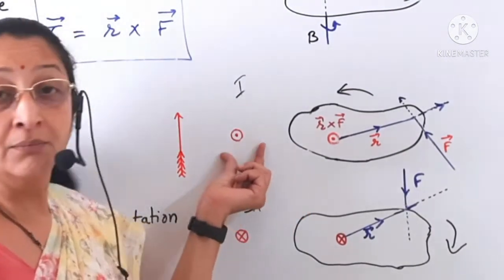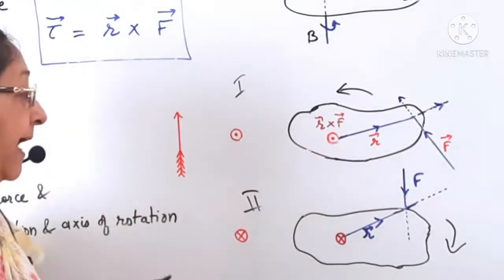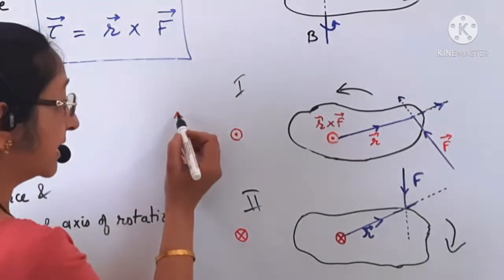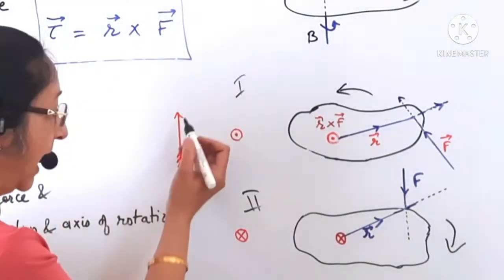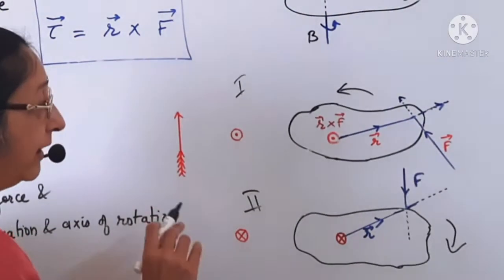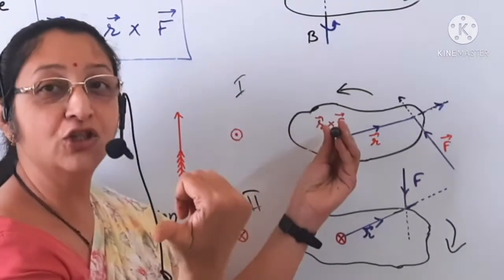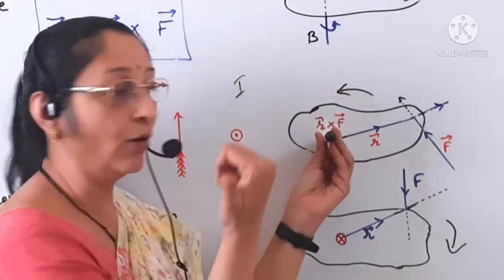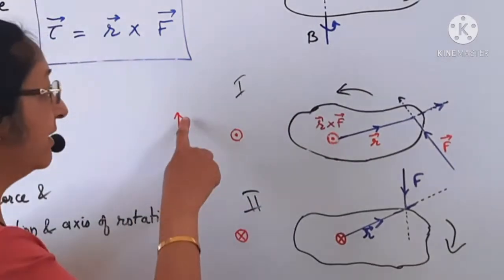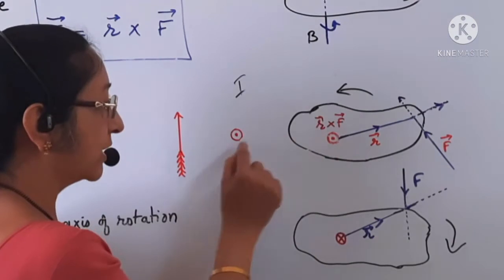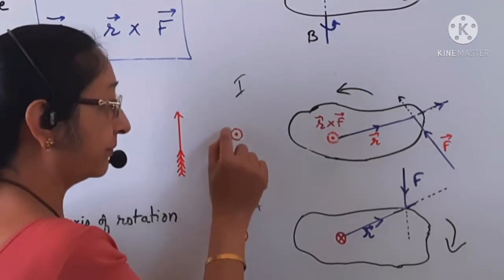Why is this symbol shown? Now this is an arrow. This is the arrowhead and this is the feathers of the arrow. Now when the arrow is coming outside the plane of the board, what will I see? I will see its arrowhead. So I will see this point, and this point is shown here.